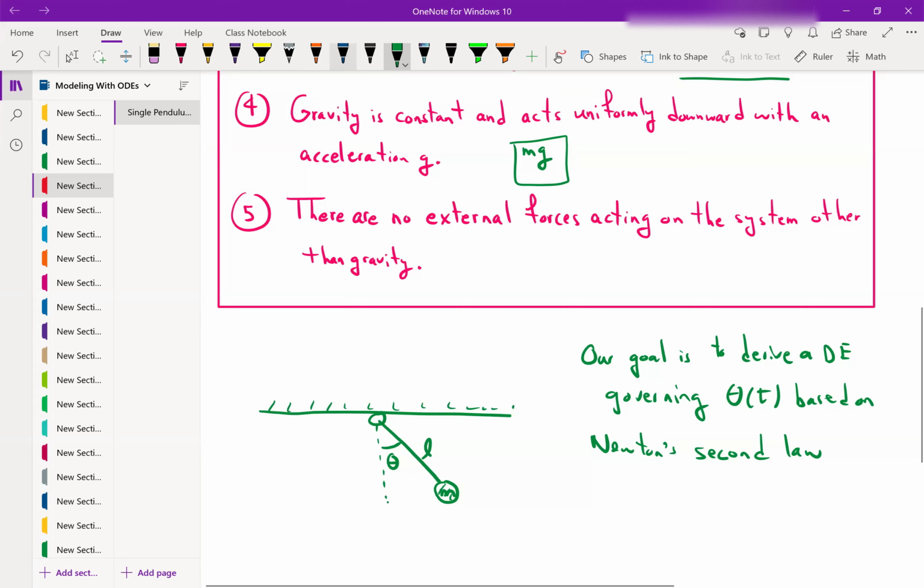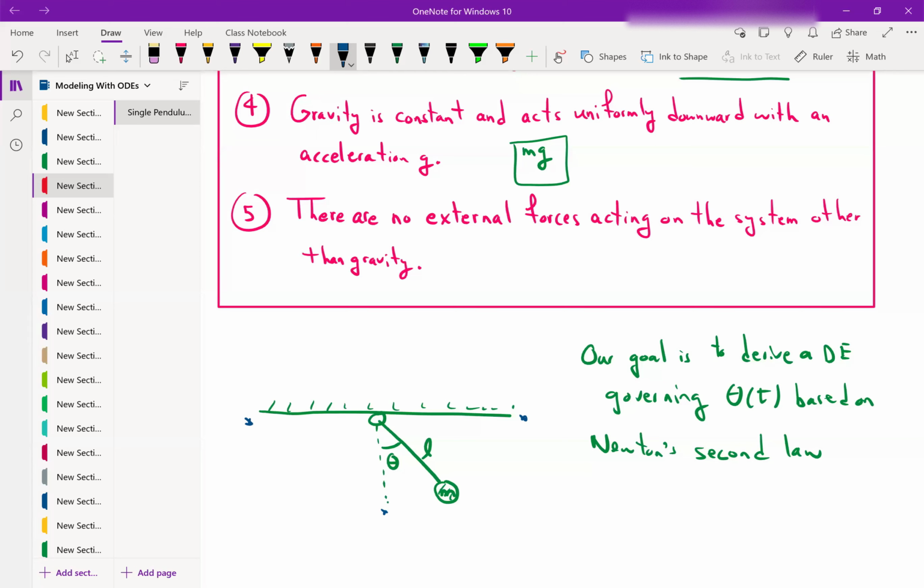Negative pi over 2 would be here, 0 would be here, pi over 2 will be there. So that is the convention that I'm making for the angle theta. Theta is positive if the rod is to the right of the vertical. In my convention, theta is negative if the rod is to the left of the vertical.